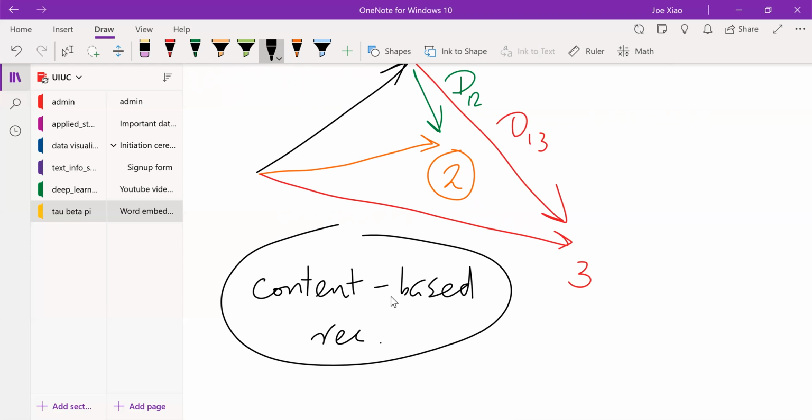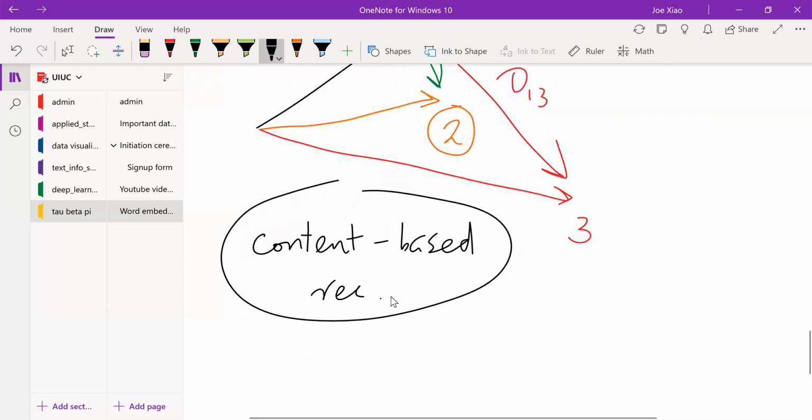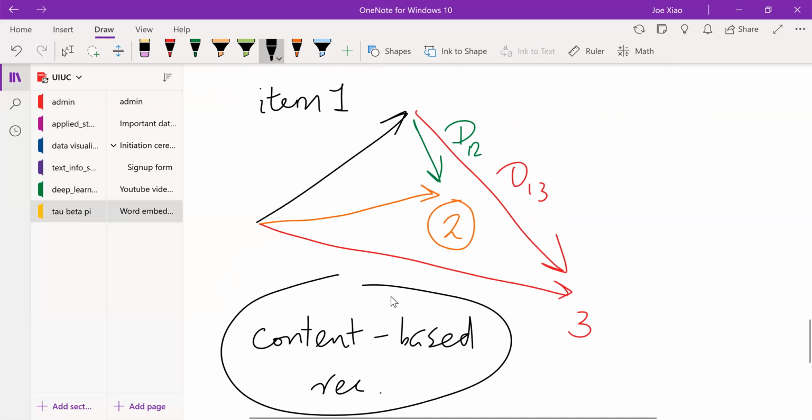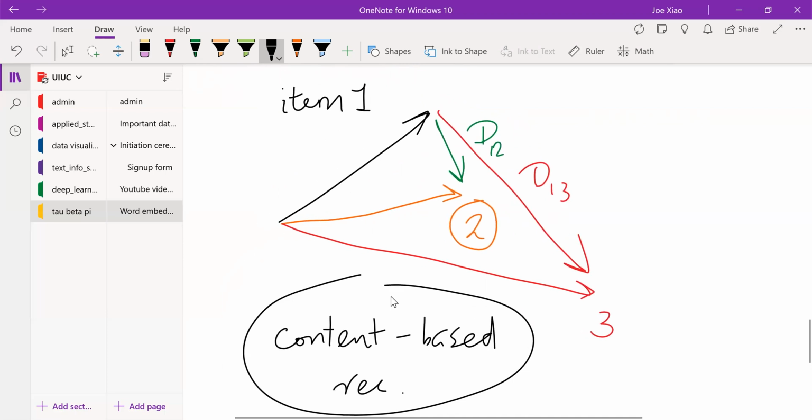I would say content-based recommendation is a more straightforward kind of method, but it's still very popular, and it makes use of this idea of embeddings, which stemmed from embedding of words.